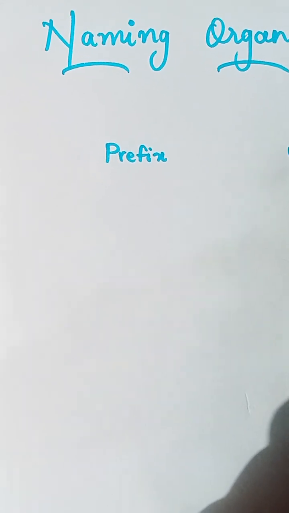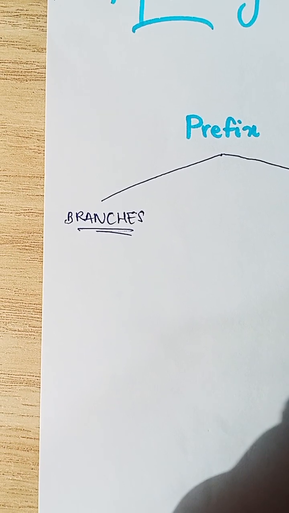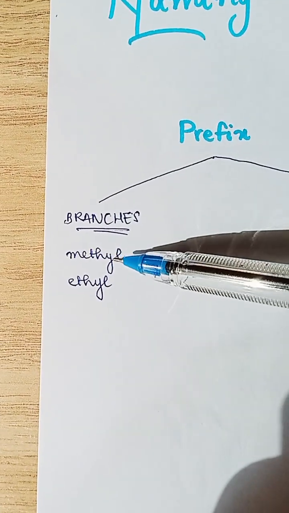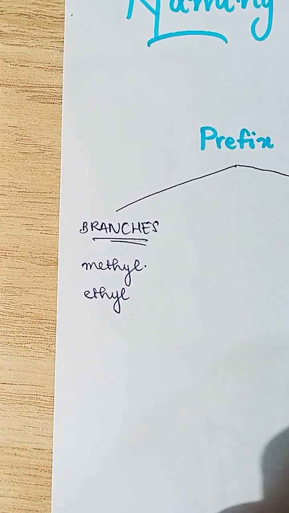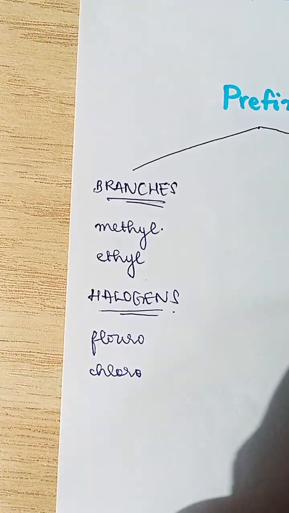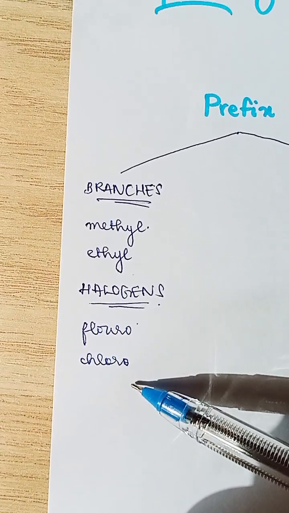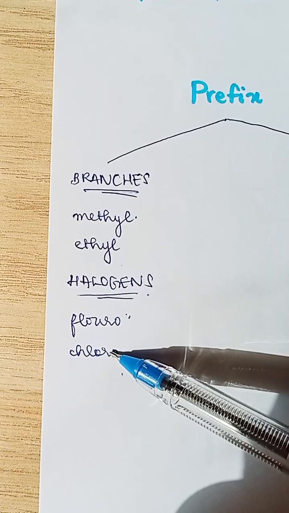Then at last we look at the prefixes. The prefixes are of two types. Number one being the branches. The branches are methyl and ethyl. Then we have halogens. The halogens commonly are fluorine and chlorine, having fluoro and chloro.